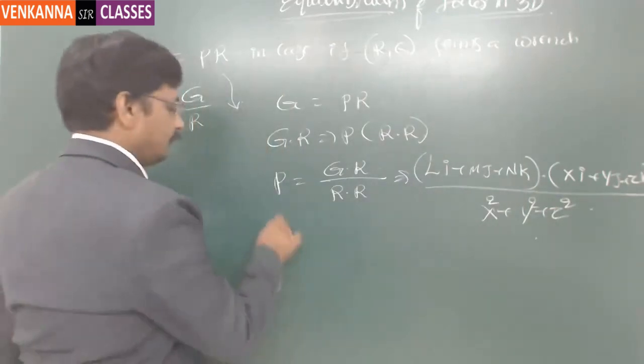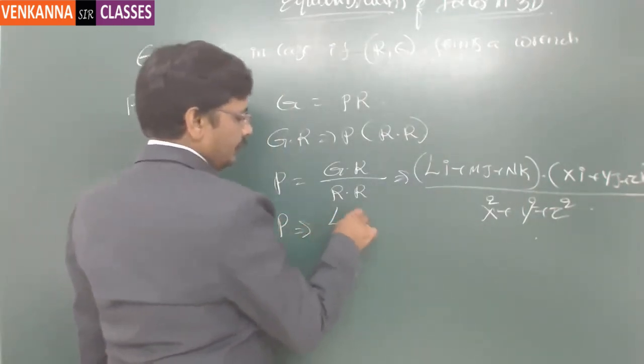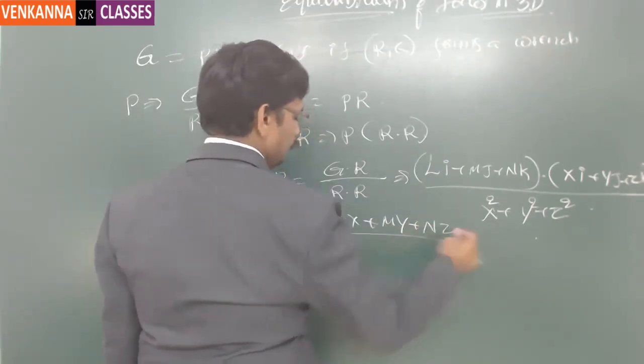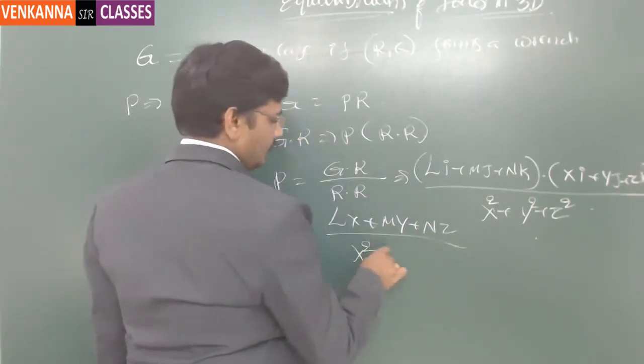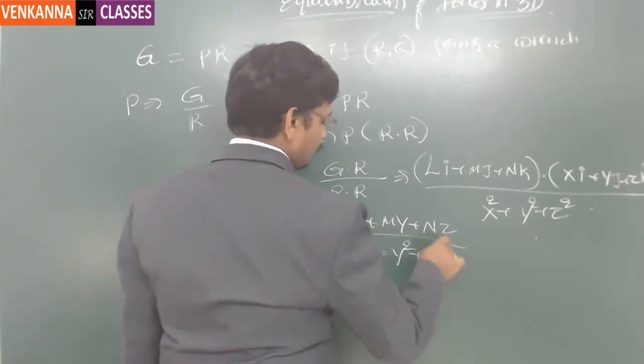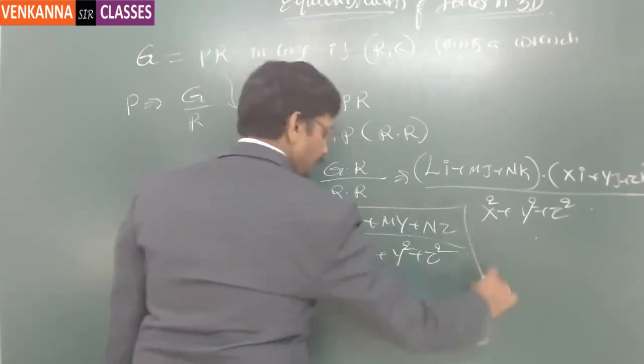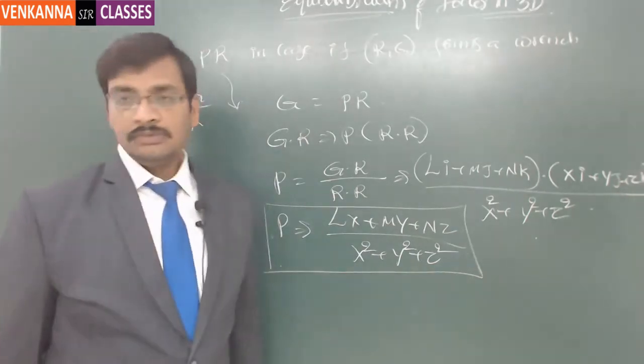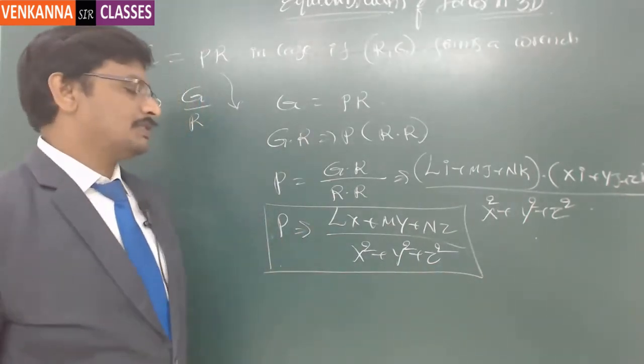This simplifies to P equal to Lx plus My plus Nz divided by X square plus Y square plus Z square. This is how you can calculate the pitch of the wrench. Got it?